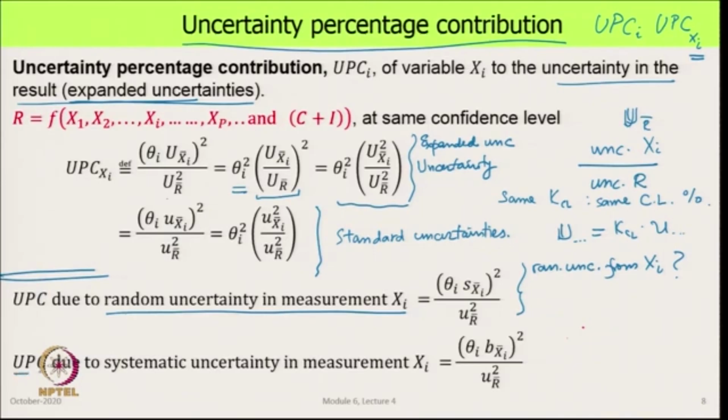And similarly, we can quantify UPC, that UPC due to systematic uncertainty in measurement xi is theta_i b_xi bar squared upon u_r bar squared. So, this tells us what fraction of the uncertainty in the result is coming from systematic uncertainty from the measurement xi.